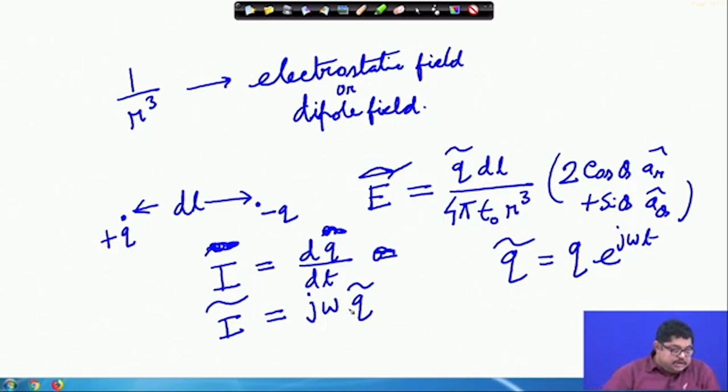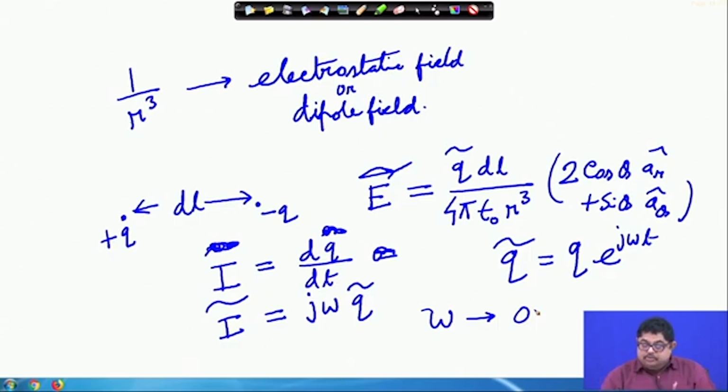So, if we put here this q for this phasor, and if I let omega go to 0, if I force omega to 0, then we get this field in our expression.